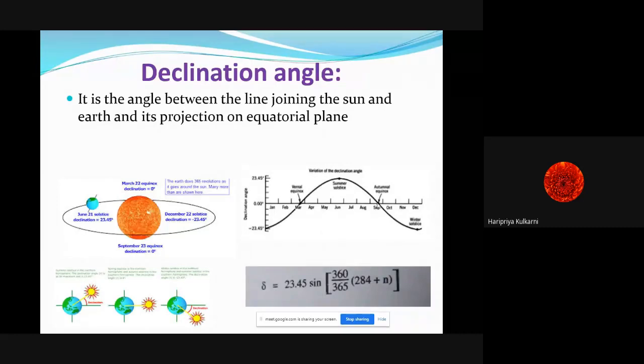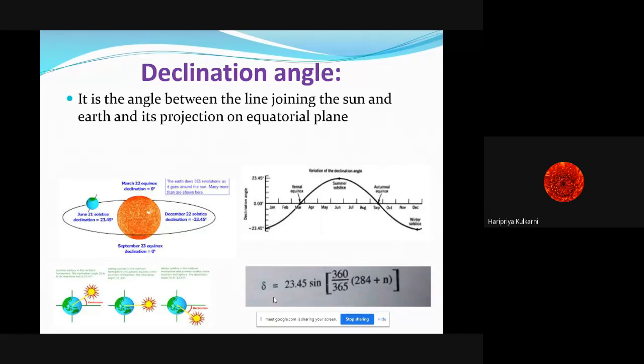When the declination angle is 0, we have night and day time same, okay. This is the positive peak, which comes in summer, June 21st, and this is the negative peak, which is minus 23.45 degree, which occurs on December 22nd.